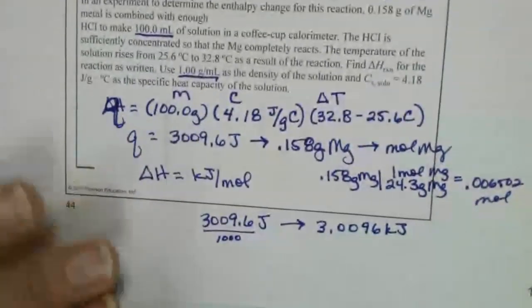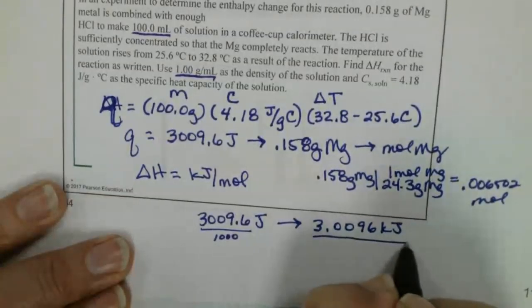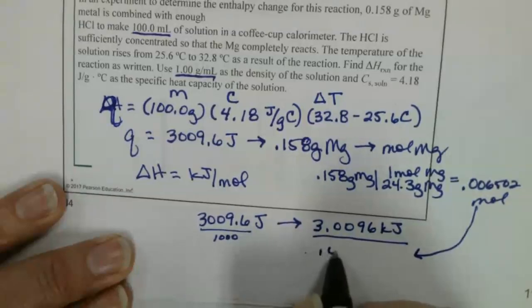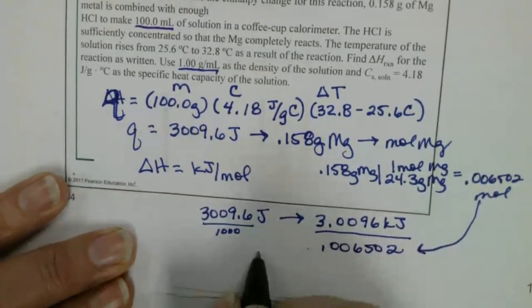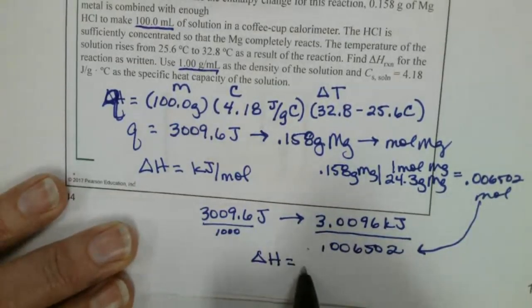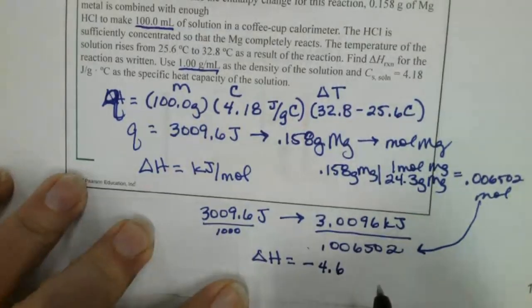And then we're going to divide our kilojoules by our moles. So our delta H value is a negative 4.6.